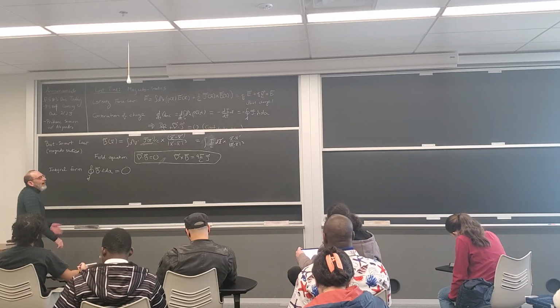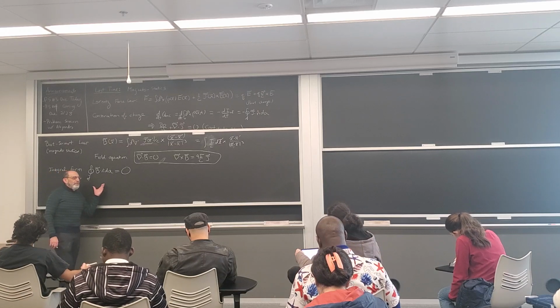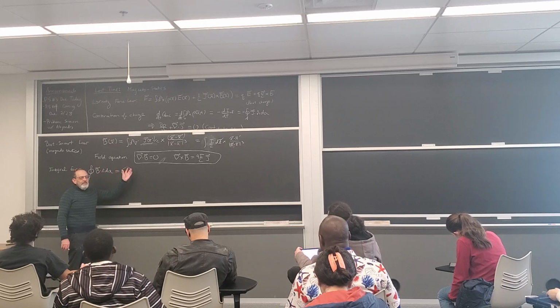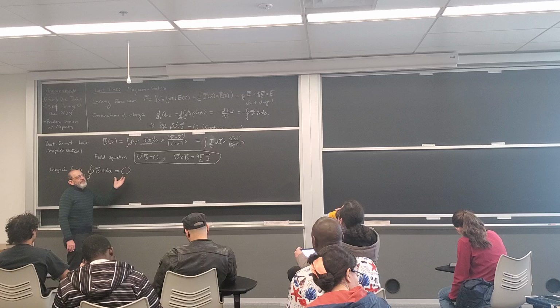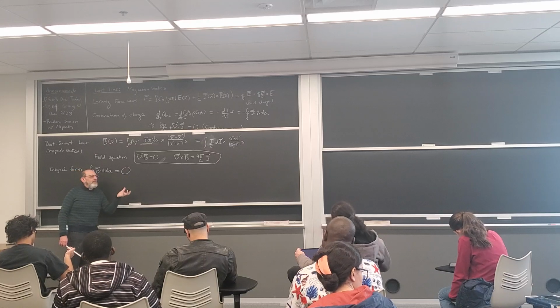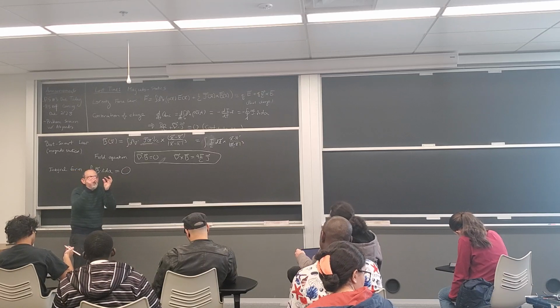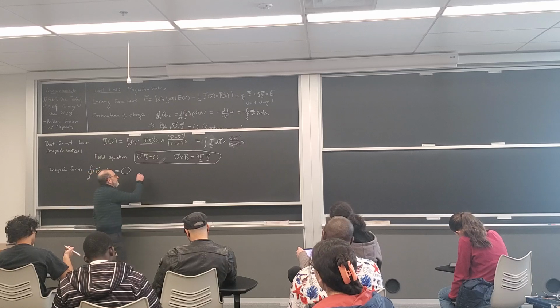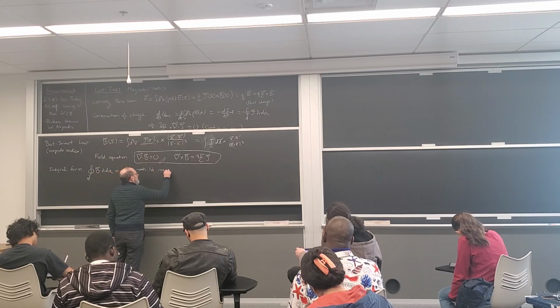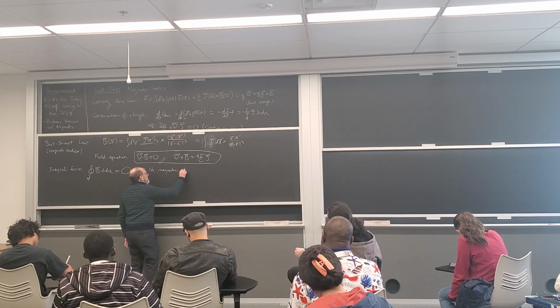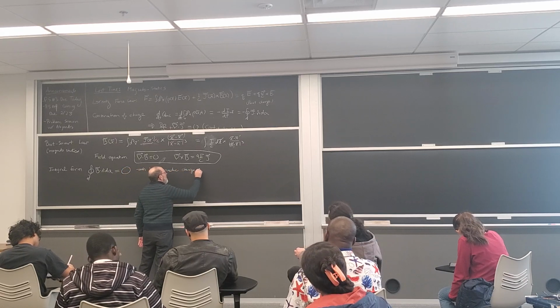In contrast to the electric field, where this is proportional to the electric charge enclosed via Gauss's law. So this is an expression that there are no magnetic charges enclosed in any volume, even if that volume is big.